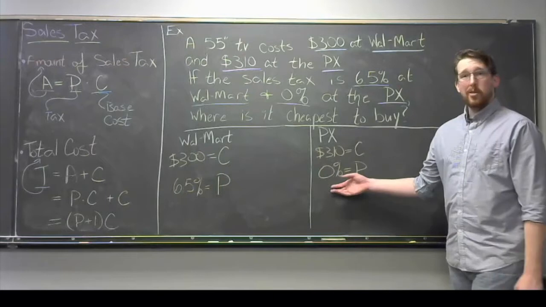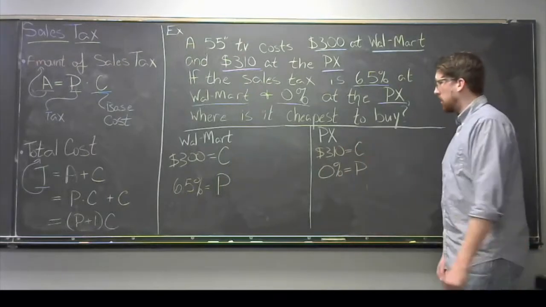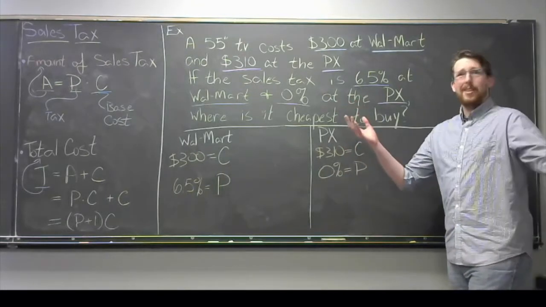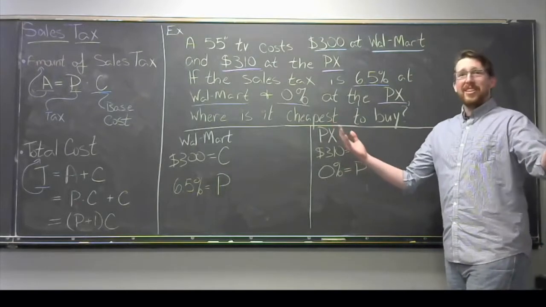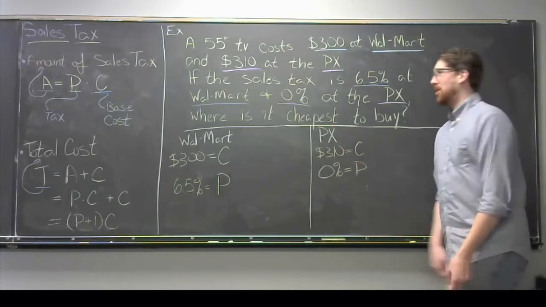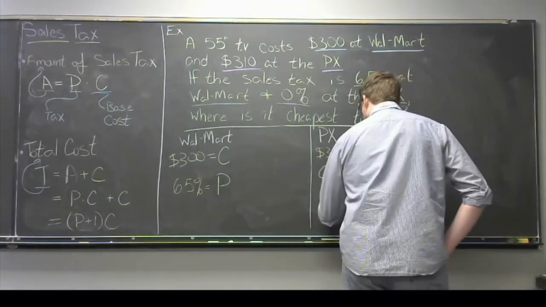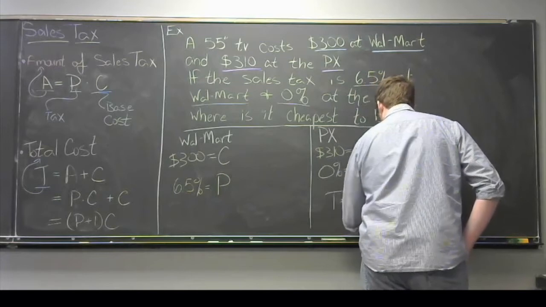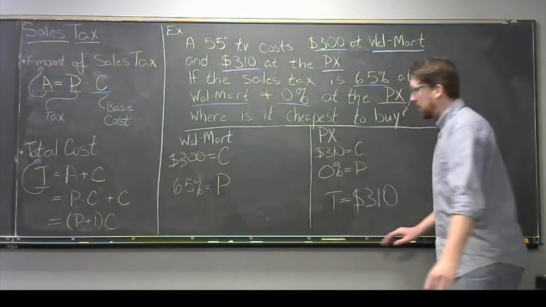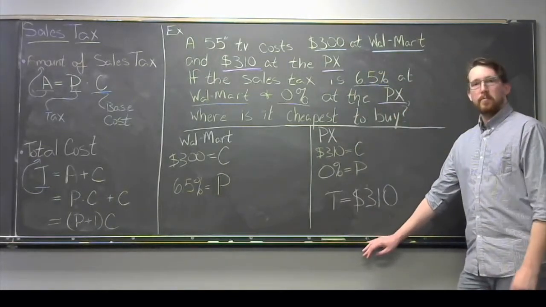Because 0% turned into a decimal is still 0. 0 times 310 is still 0. 0 plus 310 is still 310. Cool. So the total cost is going to be 310. All right.